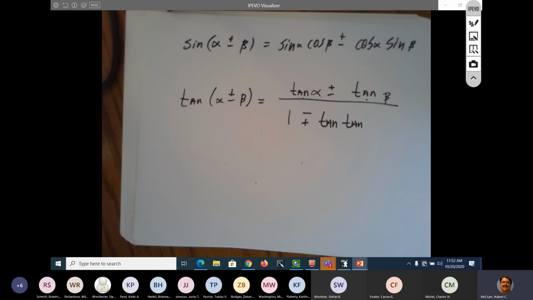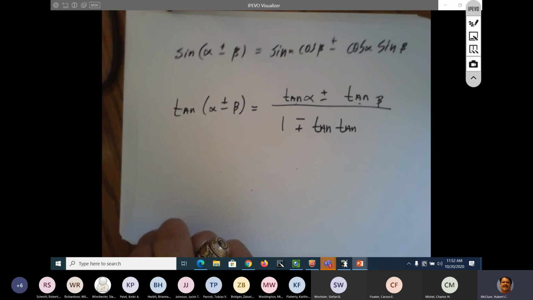So let's do one. Let's do the sine of 75 degrees. 45 would be easy.